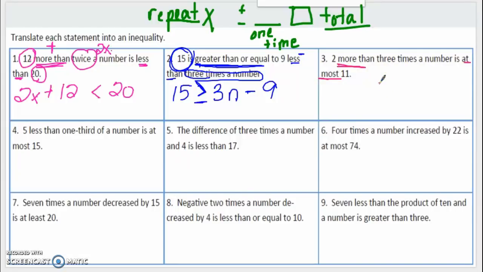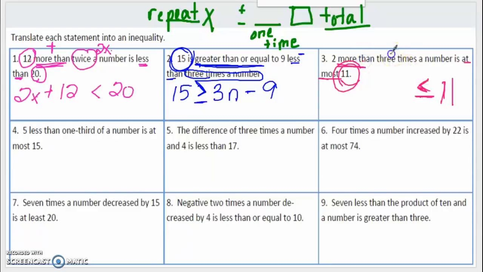So which inequality sign are you looking for? Well, we have to look at what is our total. It's saying 2 more than 3 times a number is at most 11. So 11 is going to be our total. So our total over here is 11. At most, if you think back to our inequality, means it could be equal to, but it also could be less than.